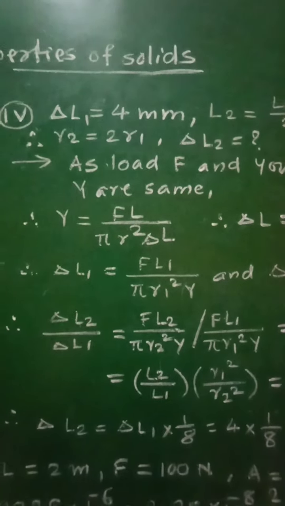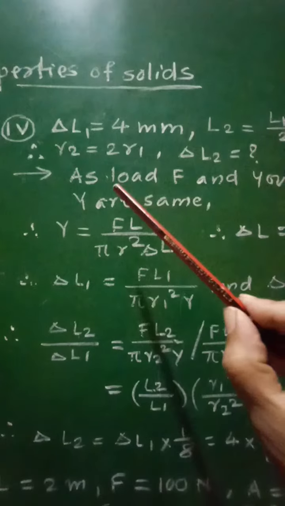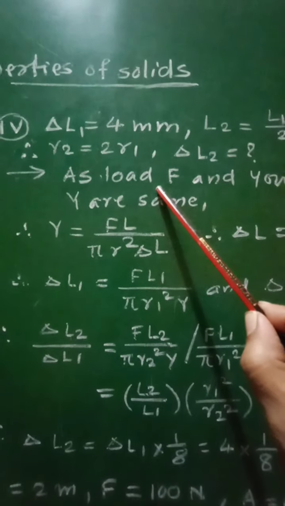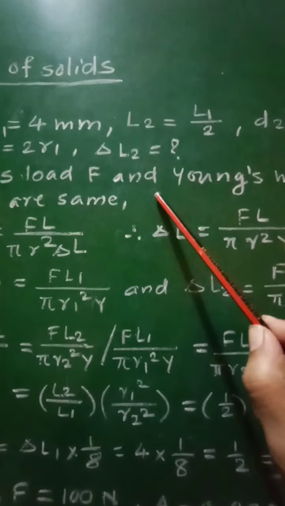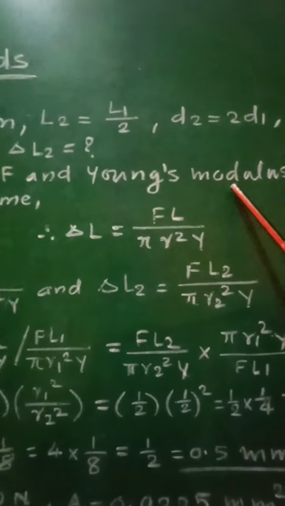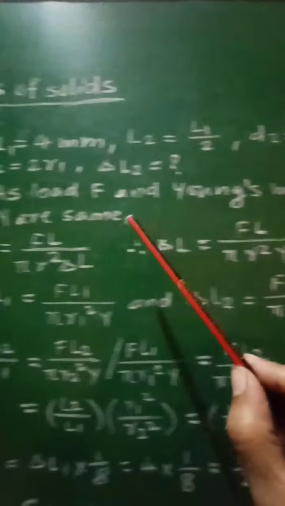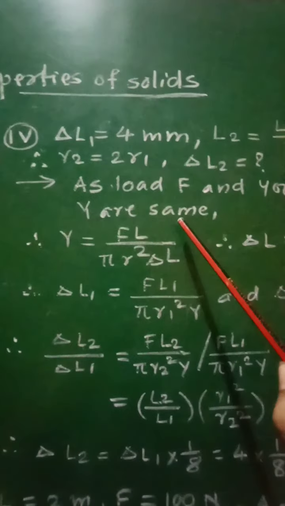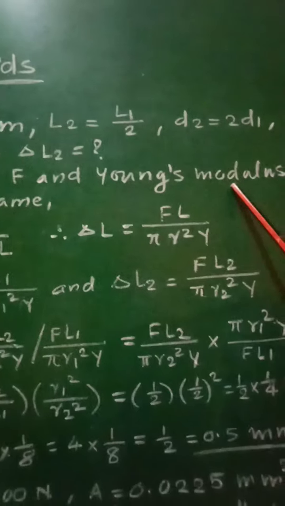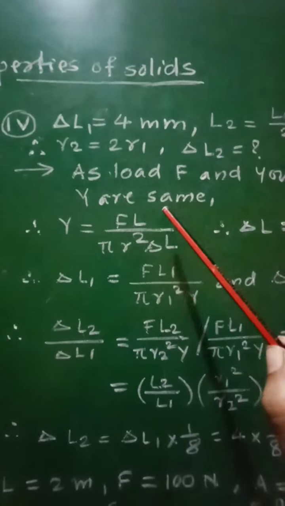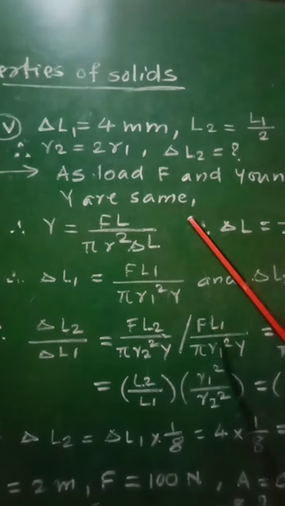And therefore in the solution we can say that the applied load F and the material are the same, therefore Young's modulus Y and the applied load F are the same for these two wires.